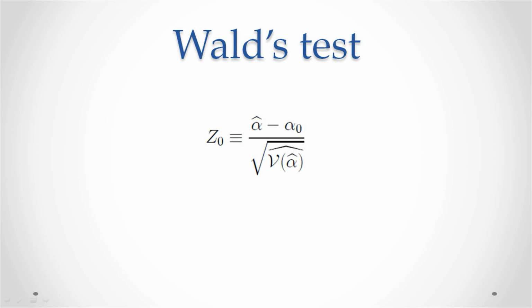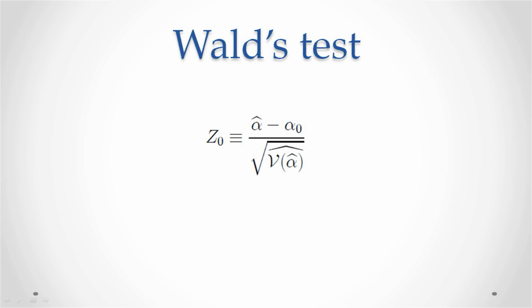This can be done using Wald's test statistic, which is given by Z equal to alpha hat minus alpha naught over the square root of V of alpha hat. Alpha hat here is the maximum likelihood estimator of alpha, and V of alpha hat is its variance derived from the inverse information matrix evaluated at alpha hat.